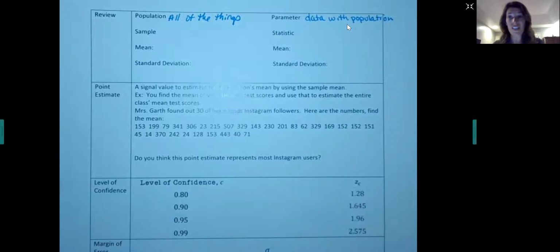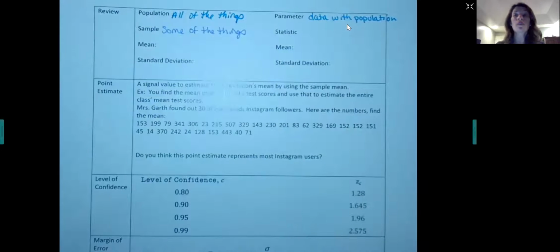Again, all of the test scores from third hour. But the sample is some of the things. In the case of what you just did, it's the 5 students that you worked with to find the mean. And so our statistic is the data that goes with our sample.